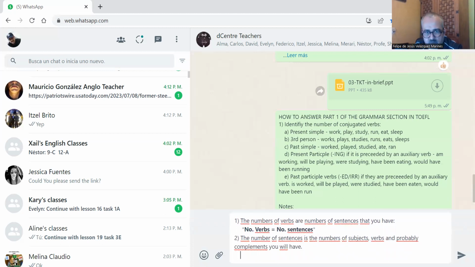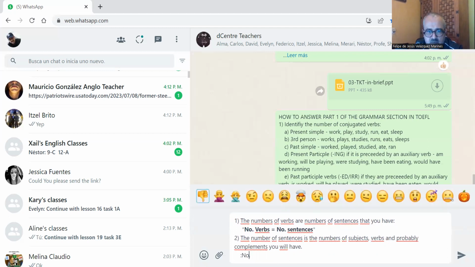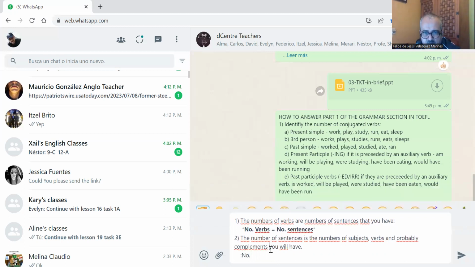Okay, so the number of verbs is the number of sentences. Sentences equal the number of subjects, verbs, and complements.